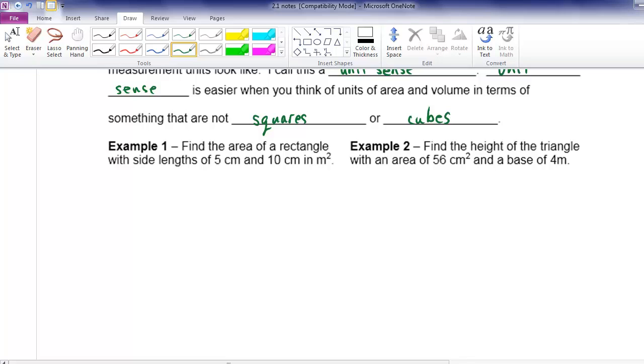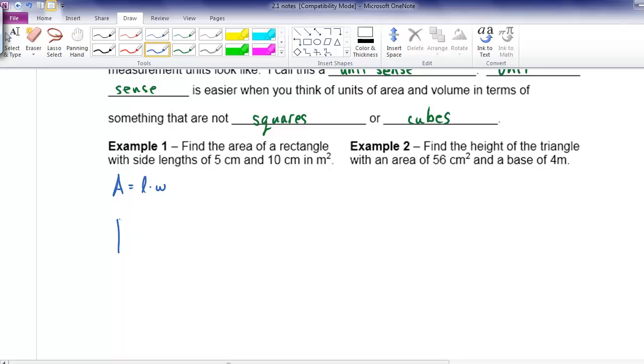First example, find the area of a rectangle with size 5 centimeters and 10 centimeters. Well, one of the first things we need to realize is what are the formulas we're using. We have a rectangle. Our formula is L times W. I'm given my dimensions in centimeters and I want the answer in square meters.